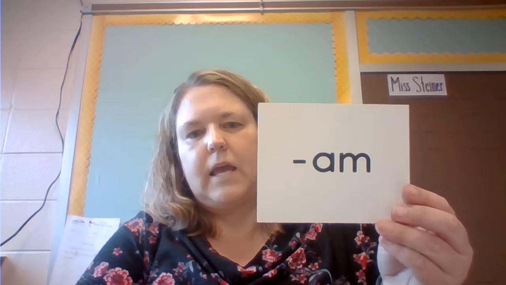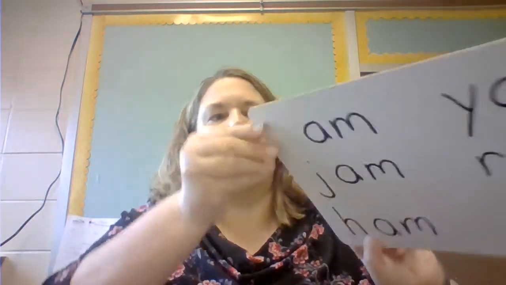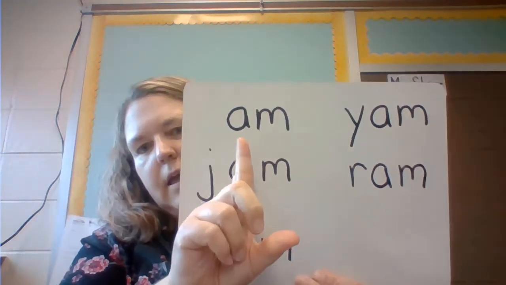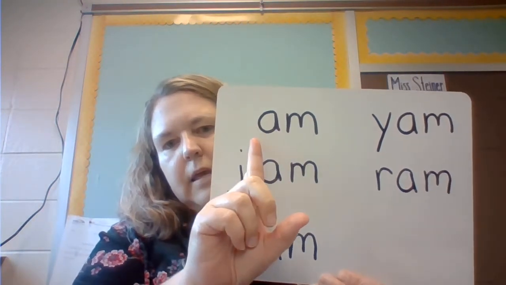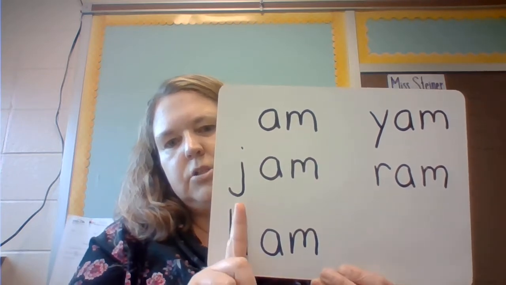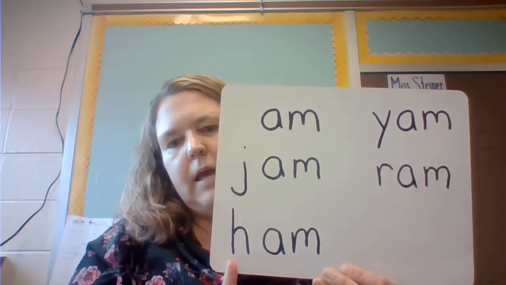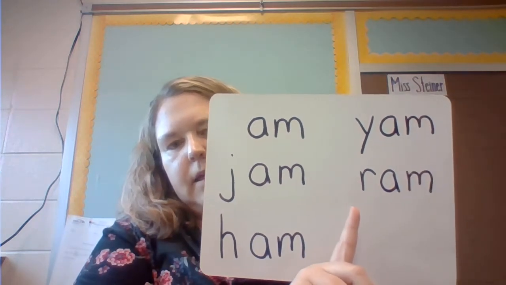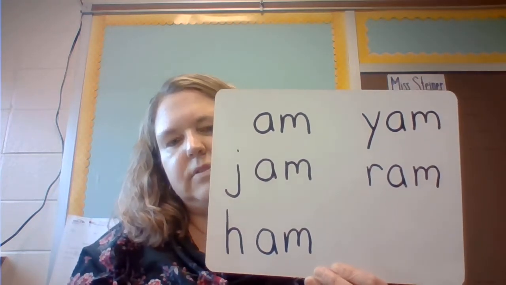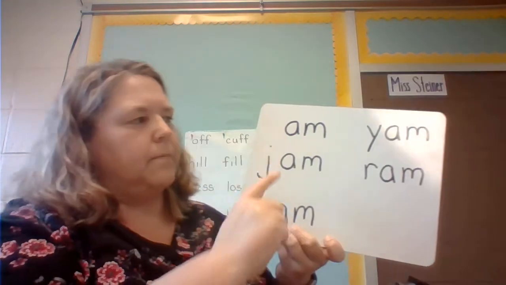AM says am. So let's review some of those words. So I have on here am, am. So read them with me. Am, jam, ham, yam, and ram. Let's do those again. This time we're going to go across.